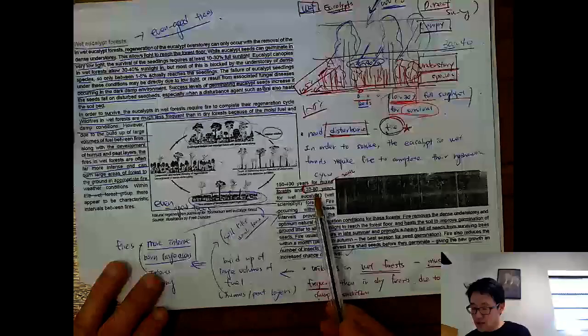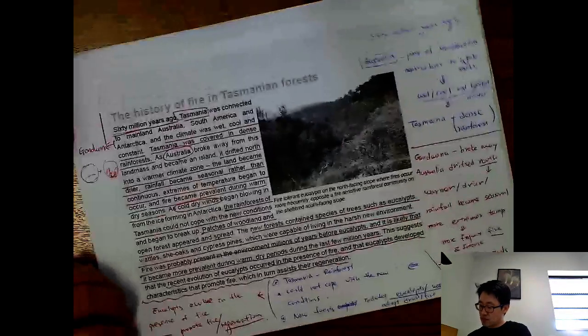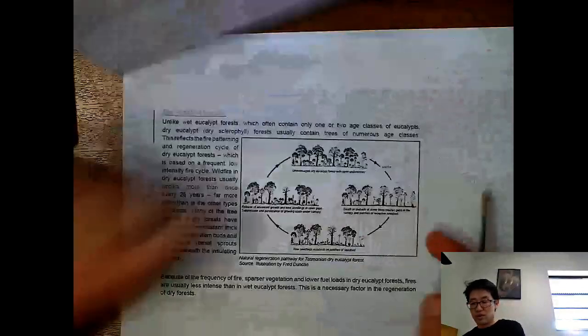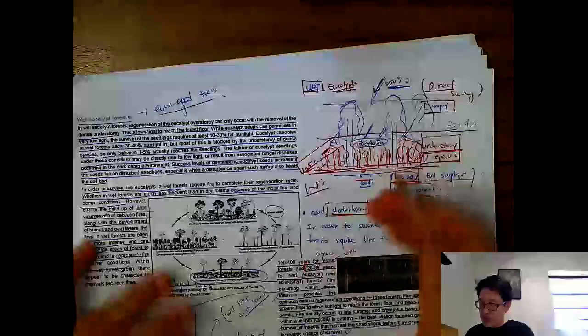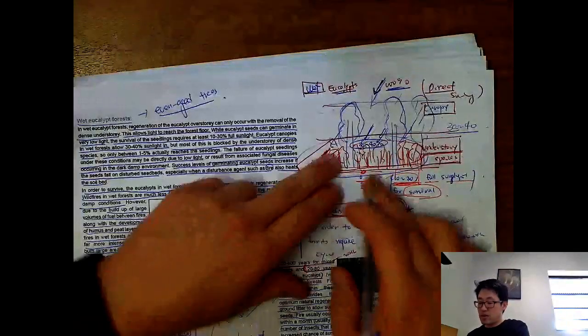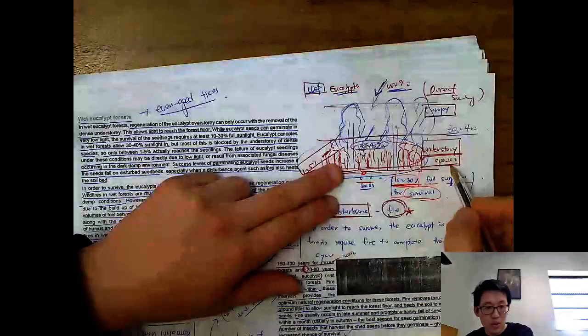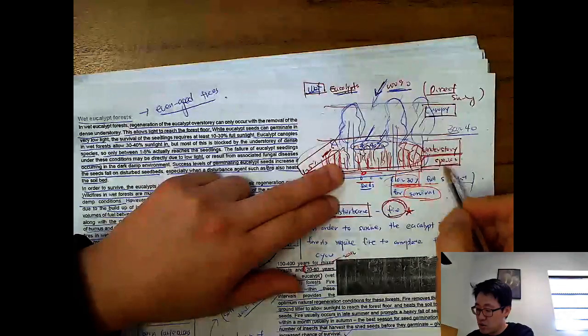And after that, they start to have cool temperate rainforest components in these understories. So cool temperate rainforest trees start to grow as understory species.